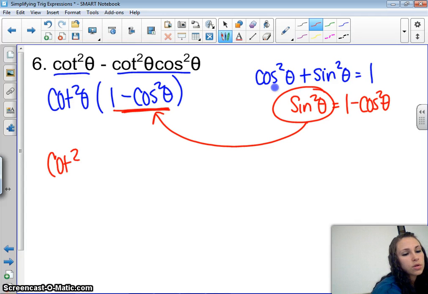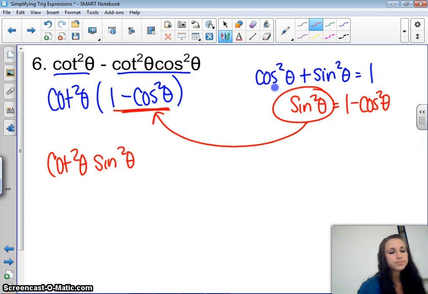And so I'm going to plug this in for what we've got right there. And so that leaves me with cotangent squared times sine squared. Now, I can simplify this a little bit further, because cotangent squared, I can rewrite that in terms of sine and cosine.